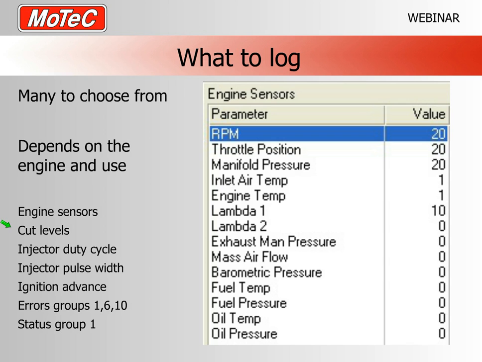Lots of different features in the ECU use the cutting of ignition or fuel. So sometimes if we're looking for a problem of a misfire, it's always useful to be able to see if the ECU itself has been cutting the ignition for some reason. So I like to log those.